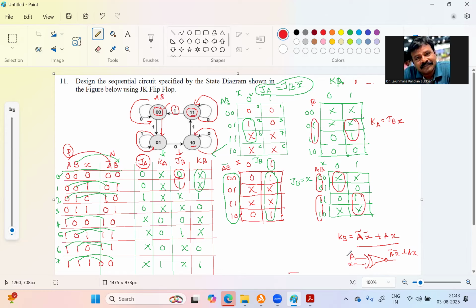So A bar X bar plus AX, that is exclusive NOR. Exclusive OR is A X bar plus A bar X. This is exclusive OR. This is exclusive NOR, right? You see that.